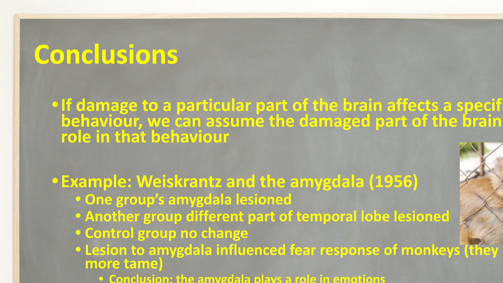Later, after the MRI, we can find people, very rare, but we can find people with damage to their amygdala and then study their behavior. And they found a famous case of a woman called SM who, because of a genetic abnormality, has damage just in her amygdala, and she has no fear. She's not afraid of things. She's not afraid of snakes or spiders, even though she says she is, but she doesn't respond fearfully when she holds them.